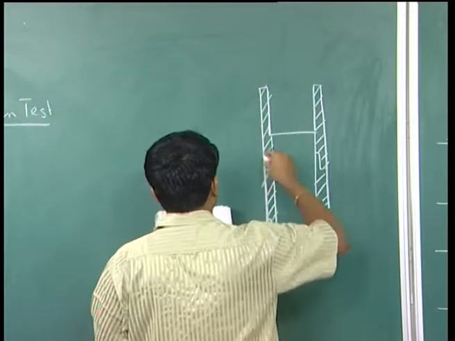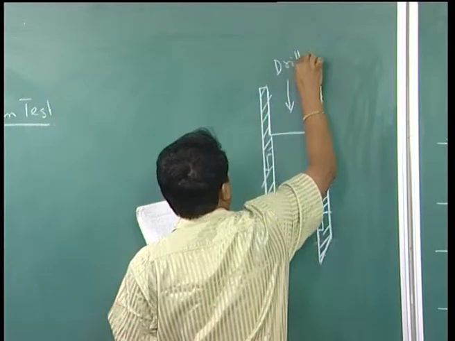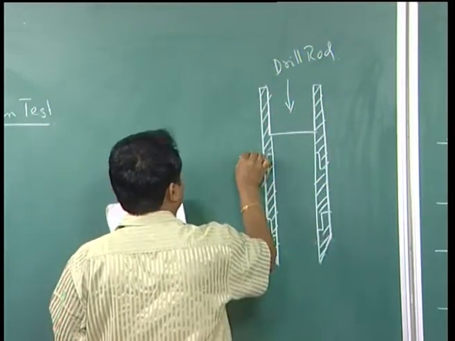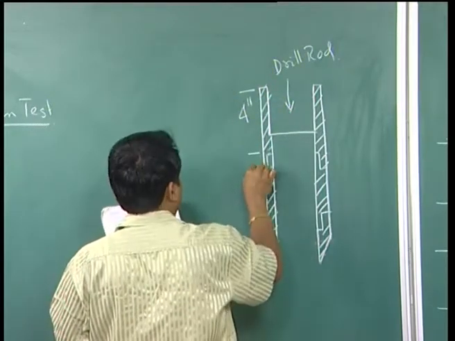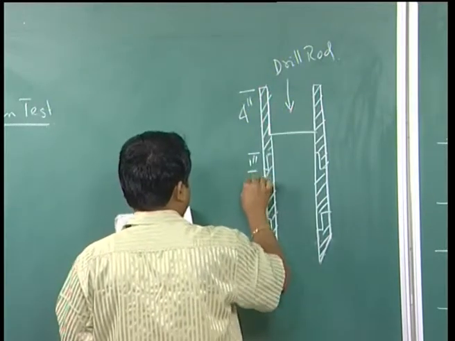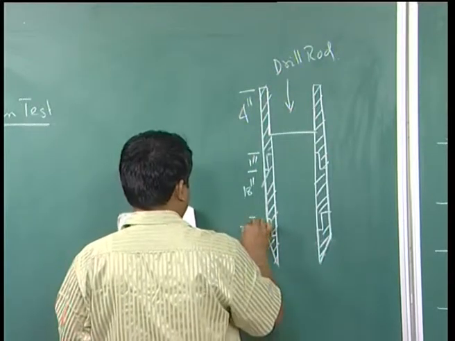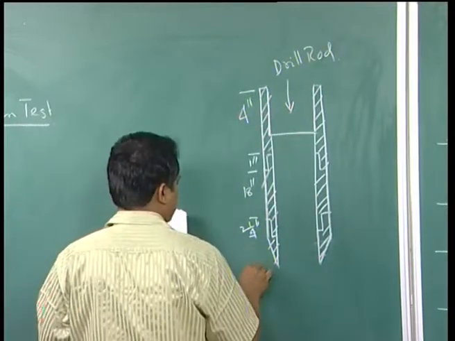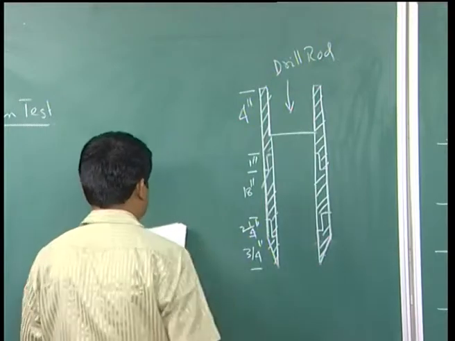Now this goes to the drill rod, four inch, 1 inch, 18 inch, 2 1/4 inch, then 3/4 inch.